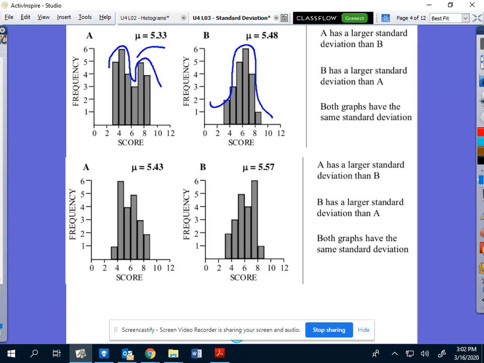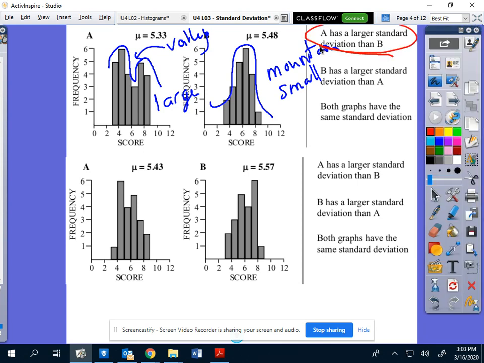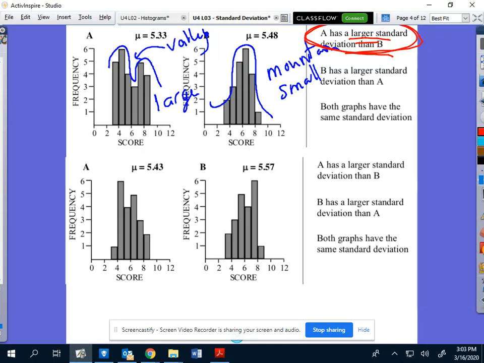So valleys indicate a larger standard deviation. Mountain shapes indicate a small standard deviation. So mountains are small, but valleys indicate a large standard deviation. So in this case, graph A would definitely have the larger standard deviation, graph A.